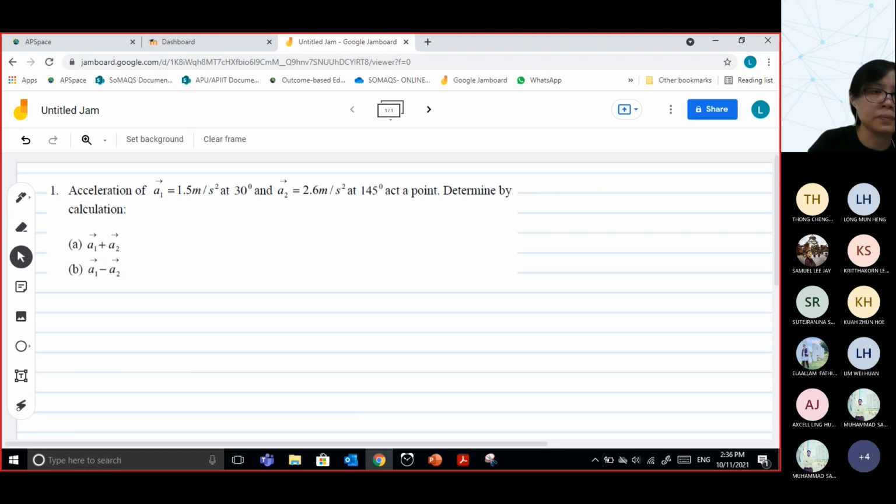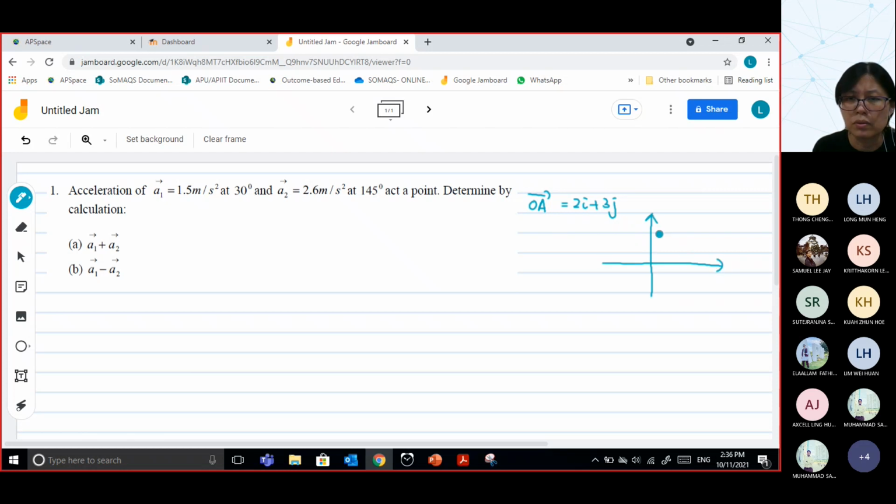So for example, your vector might be in this form. Most probably you will always present your vector in this form. Of course, this vector is representing the magnitude and also the direction. Okay, so the vector should look like this.